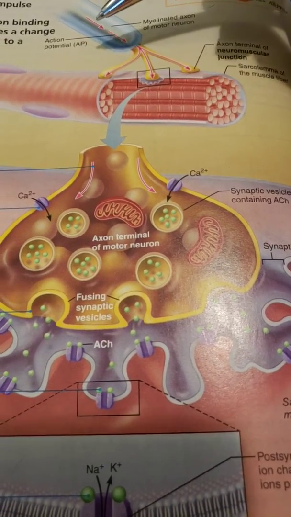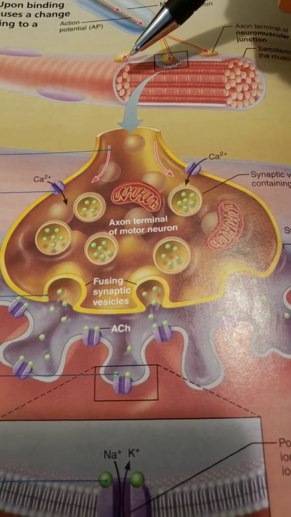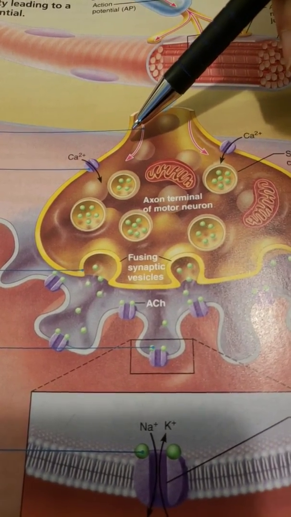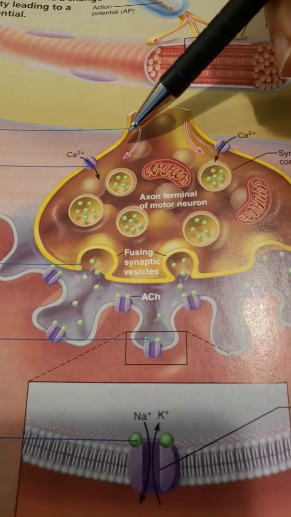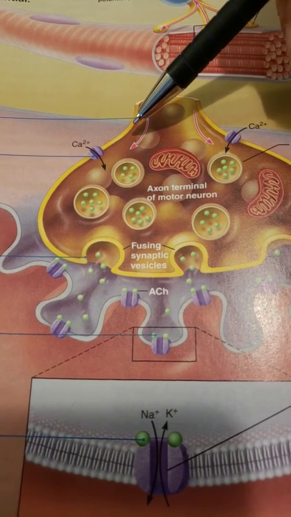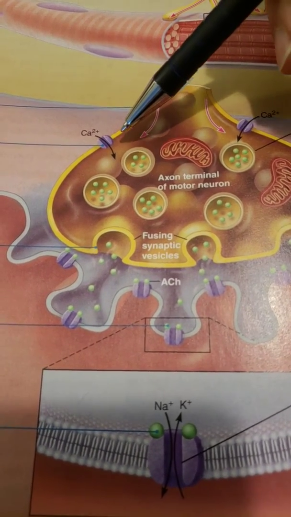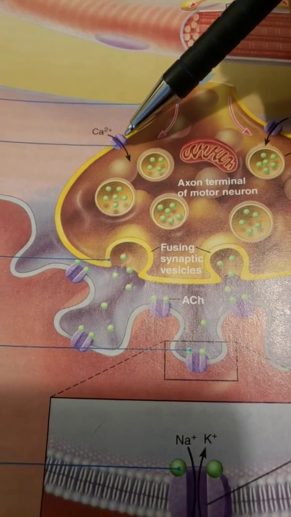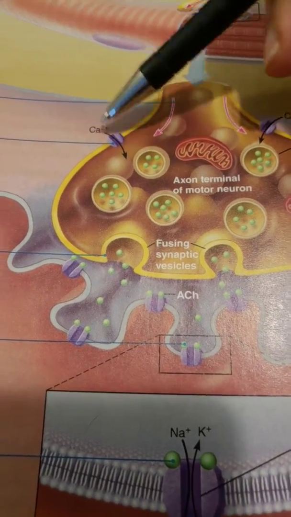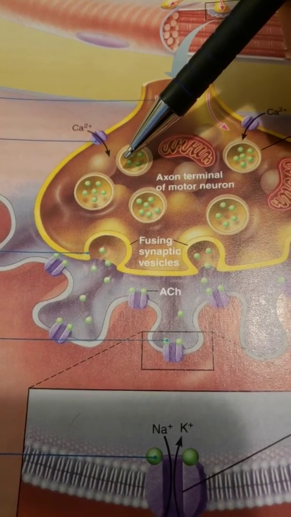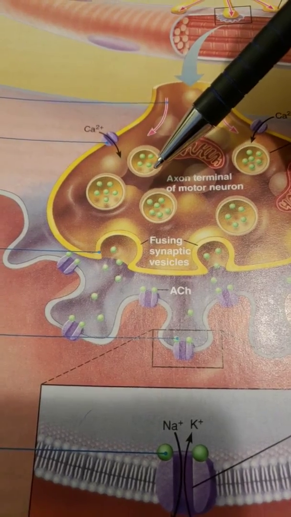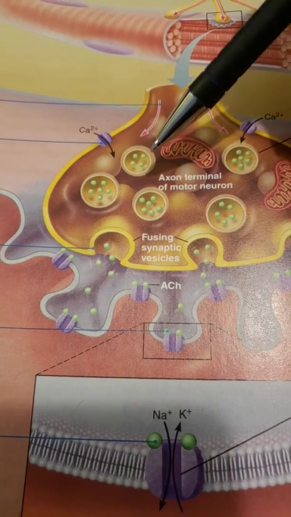When an action potential comes down the axon telodendria to the axon terminal, remember that an action potential is an electrical current. This current, when it meets calcium voltage-gated protein channels, will change their shape, allowing them to open. At that point, calcium comes into the axon terminal.